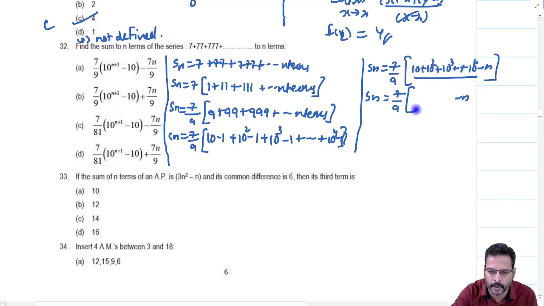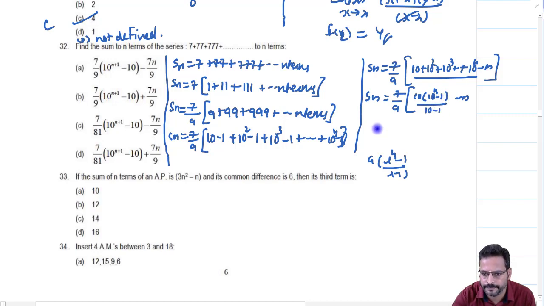10, 10 square, 10 cube. We can take the first term a as 10 and common ratio r as 10. Therefore, sum of n terms of GP if r greater than 1, the formula will be a into (r raised to n minus 1) divided by (r minus 1). Using the formula, a is 10, so 10 into (10 raised to n minus 1) divided by (10 minus 1). 10 minus 1 will be 9.